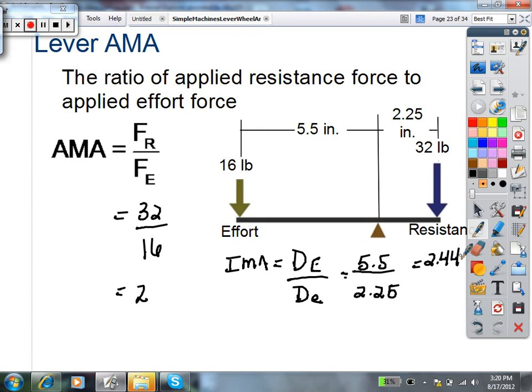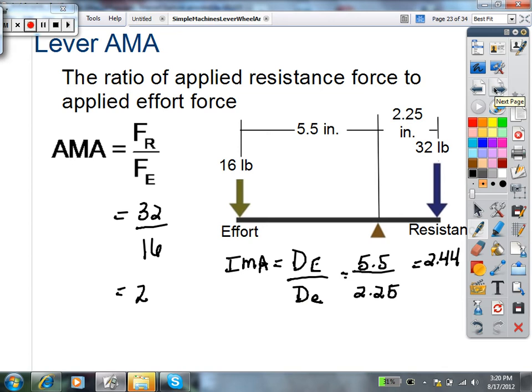Notice the actual mechanical advantage and the ideal mechanical advantage are different. Okay? Now, the reason this is true is that the ideal mechanical advantage doesn't take into consideration frictional forces, whereas the actual mechanical advantage does.